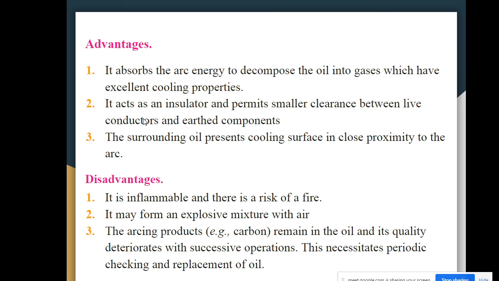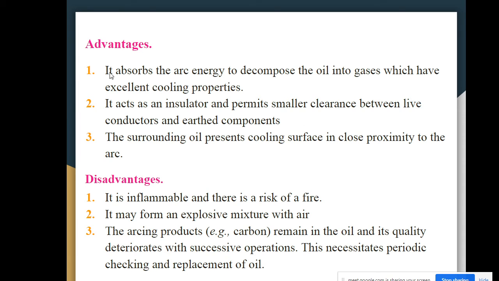The second is that oil acts as an insulator and permits a smaller clearance between the live conductors and earthed components. It also clears the arcing products between the contacts of the circuit breaker in order to increase the insulation of the medium between the contacts.